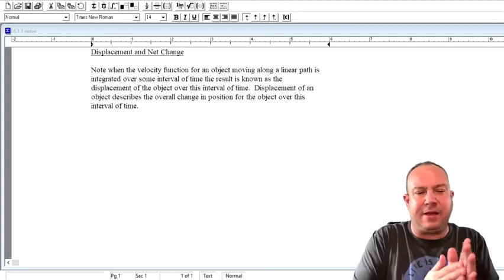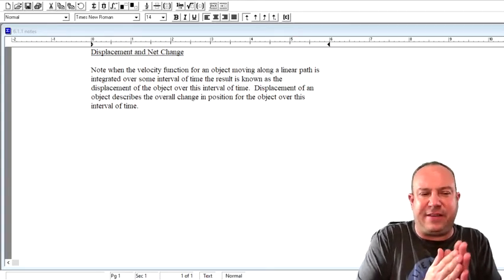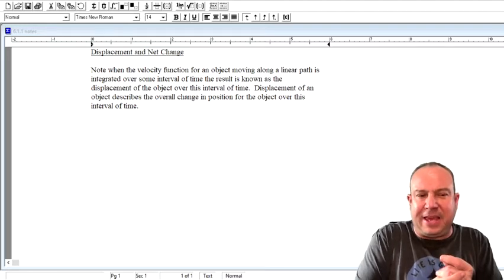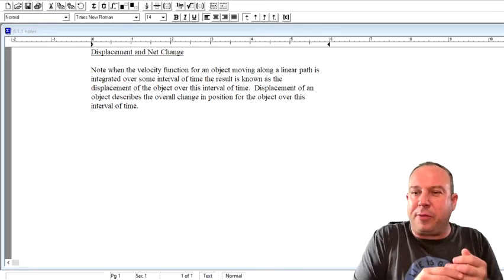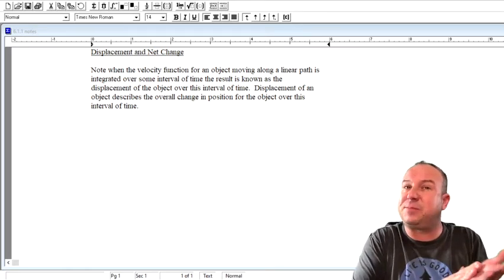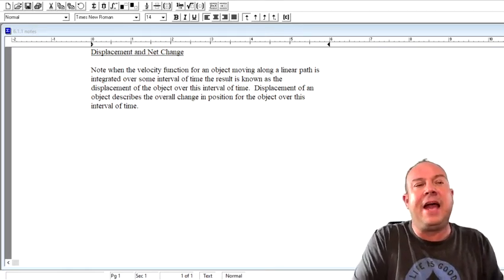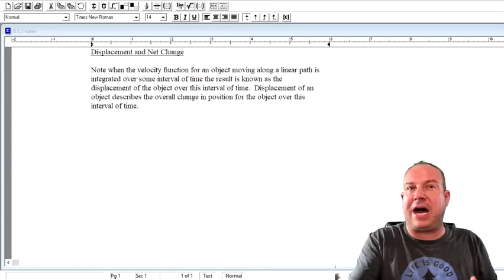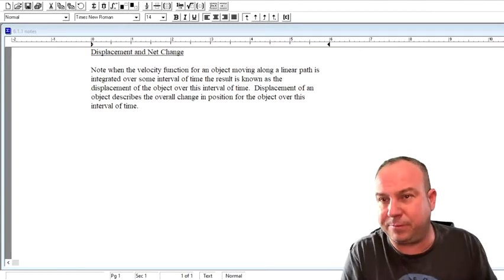The idea of displacement is that it can be both positive and negative in value. That positive or negative aspect of displacement highlights a change that's either in the positive or the negative direction.